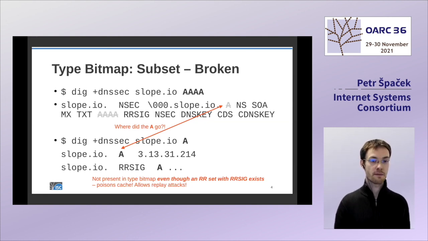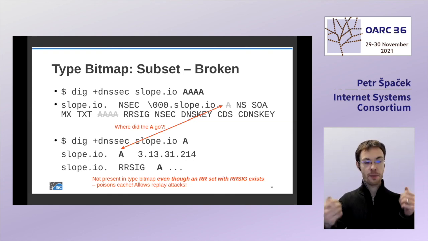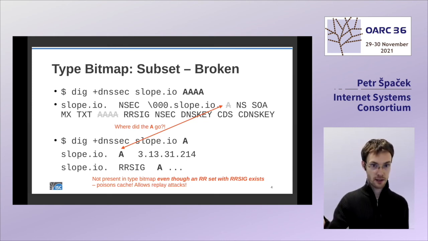The problem is that when the client asks directly for A, the authoritative server will actually return a record and the corresponding RRSIG. So imagine that we are a resolver and the client is doing Happy Eyeballs and sends 2 queries in parallel, one for AAAA and the other one for A. Now, for some reason, the resolver decides to resolve the AAAA first, and it gets this proof of non-existence.